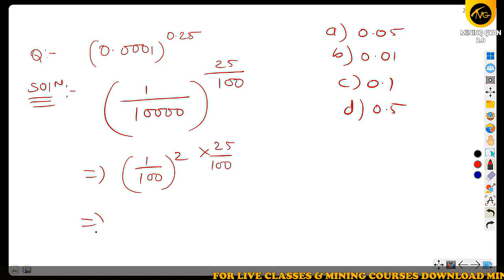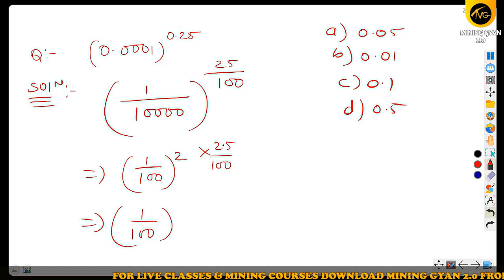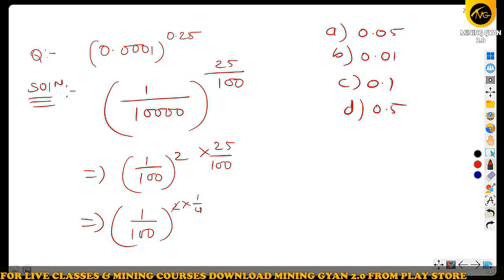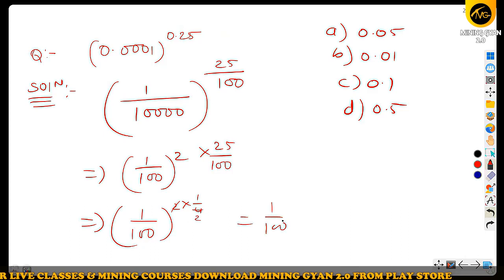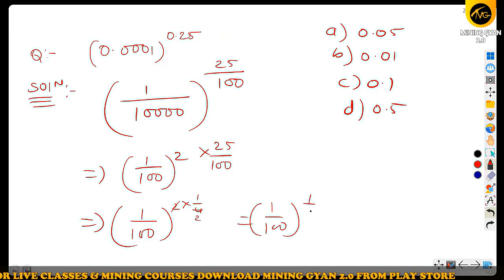Now 1 divided by 100. So 25 divided by 100, that means 1 divided by 4, and 2 and 4. So 2 into 1 divided by 4, that means 2 and 2. So 1 divided by 100 whole power 1 divided by 2.